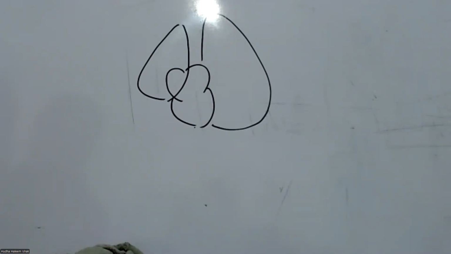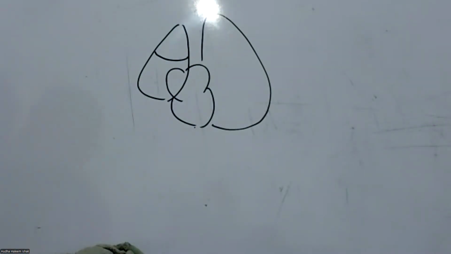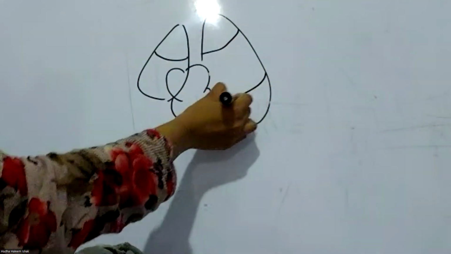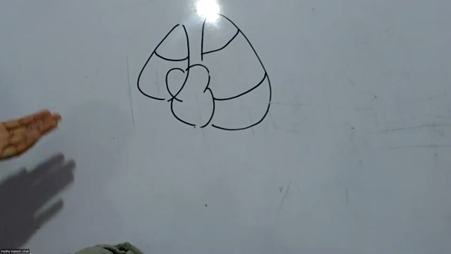Therefore, the left lung is slightly smaller than the right lung because why? Because the heart is located on the left side. And if it is small, it has only two lobes, and if it is large, it has three lobes. So the right lung has three. Remember like that, it's easy, three is larger than two.